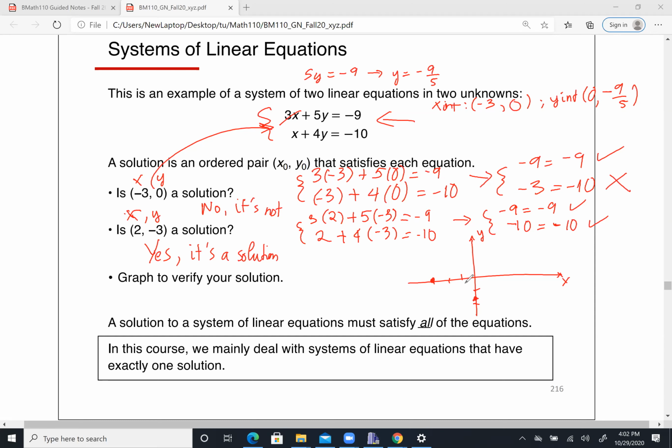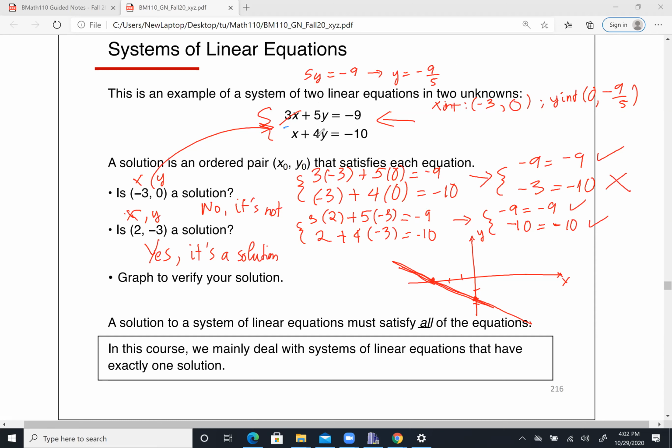Then you will have a line going through these two points, and that is for the first equation.